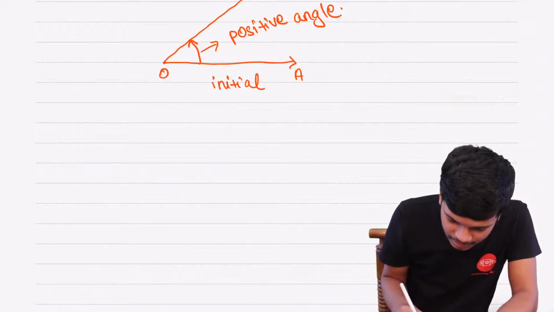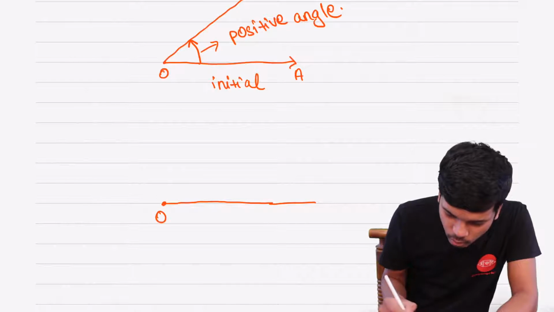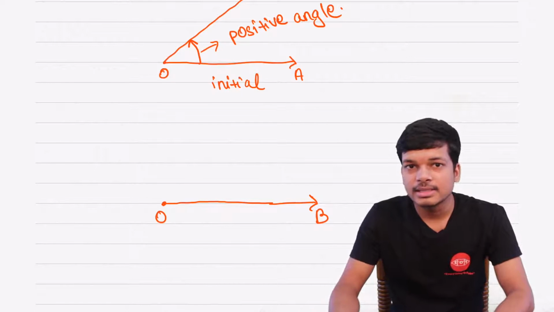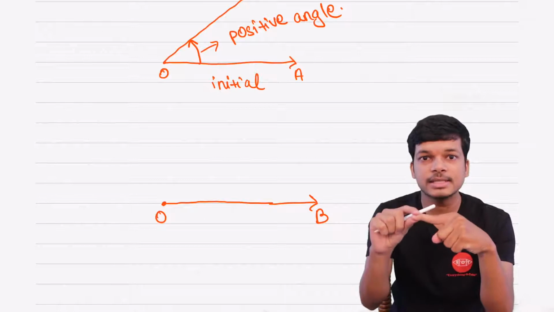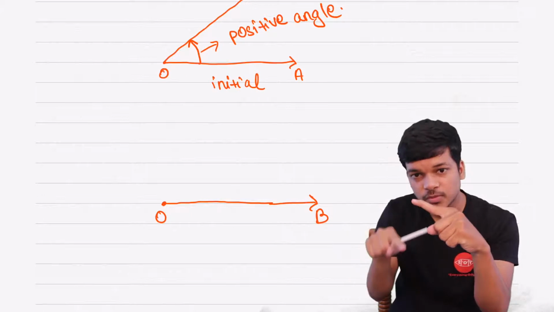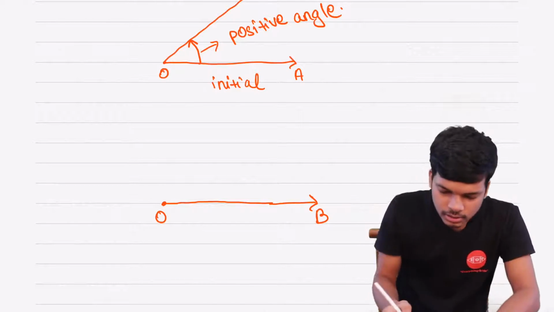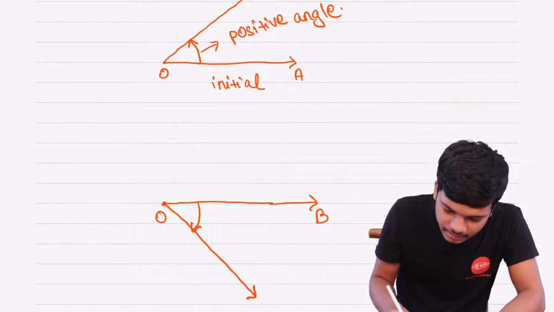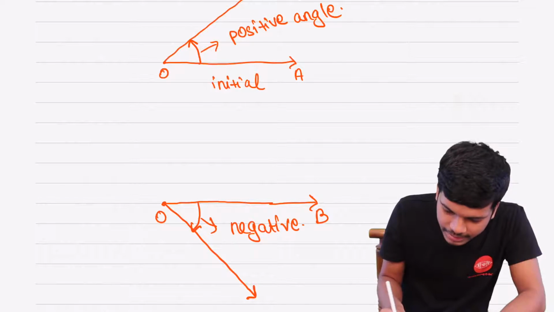Again consider one more ray here, name this ray as OB. Now for negative angles, again this is your ray starting from here. Now if you rotate this ray in clockwise direction, that is, if I rotate this ray downwards, we get an angle here which is a negative angle.